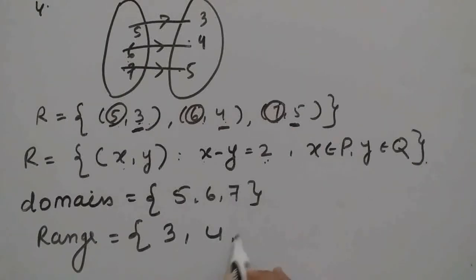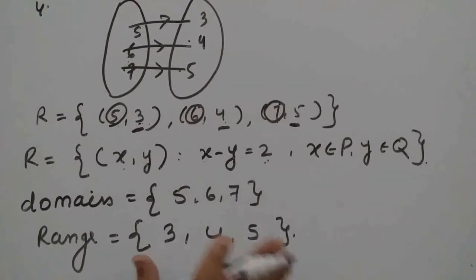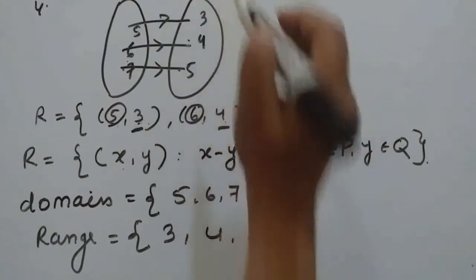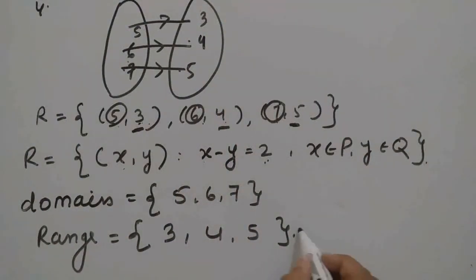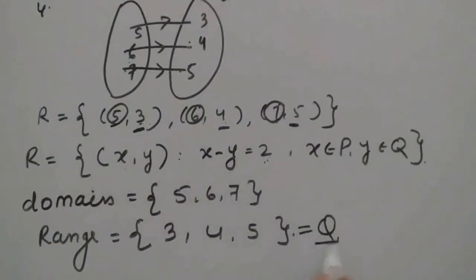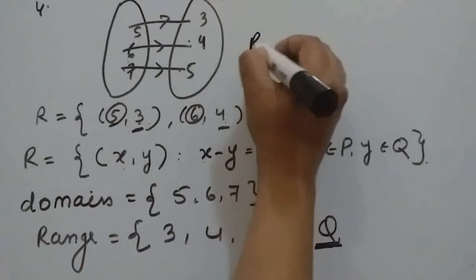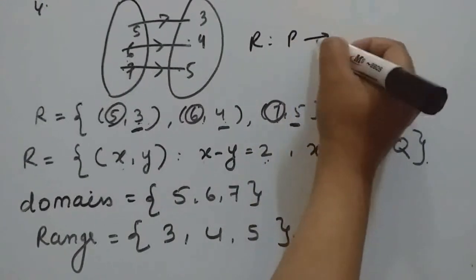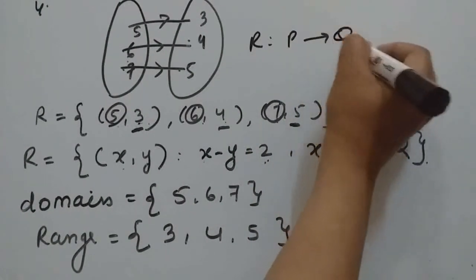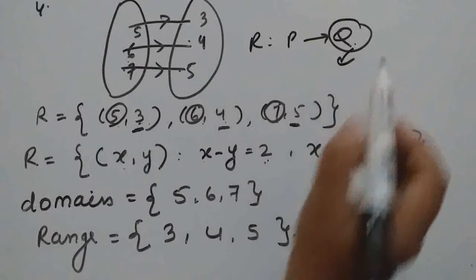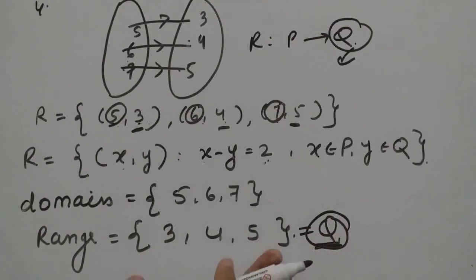Now in this particular example, the codomain is Q. Range and codomain are equal, isn't it? Because 3, 4, 5 is the whole set Q. And this relation is defined from P to Q, so the codomain is Q, and the range is also Q. So in this particular example, range and codomain are equal.